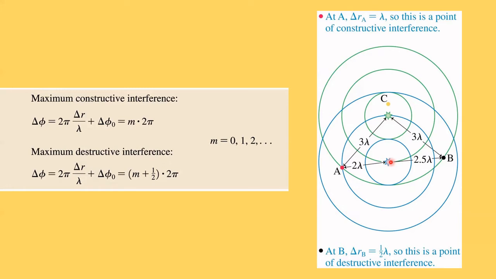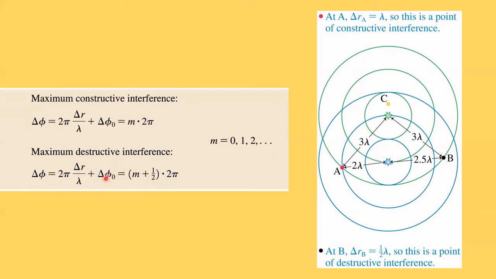And that's actually not something I've emphasized enough yet. Yeah, so I've got a slide for that later, but let me point this out now. These are supposed to be identical sources. We're supposed to assume here that they're being driven in phase. That means synchronized in time. So this quantity, delta phi sub 0, it's gone.